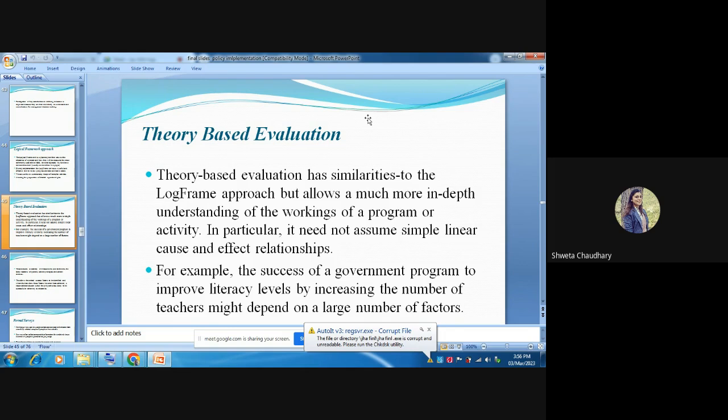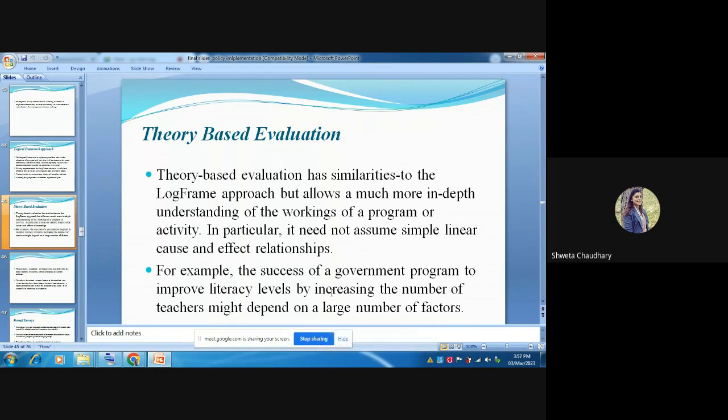So this is the log frame. We have just stated how the policy has impacted the economy. But in theory-based evaluation, we also give the factors that are responsible for improving literacy, for example the success of the government program to improve the literacy level by increasing the number of teachers. See, we have improved the education.